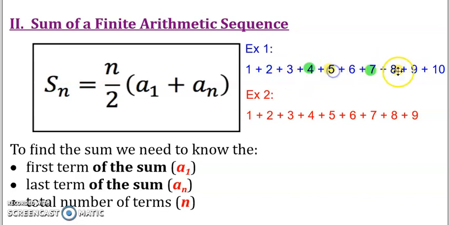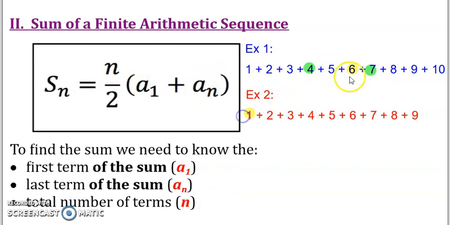All of these pairs of numbers are adding up to 11, right? And I have a clean half and half. So 1, 2, 3, 4, 5. There were 5 different pairs of 11s that I got when I was doing that summation process. Well, hey, 5 is half of 10, isn't it? And then 1 and 10 combined, that makes 11. So that's where the formula comes from.